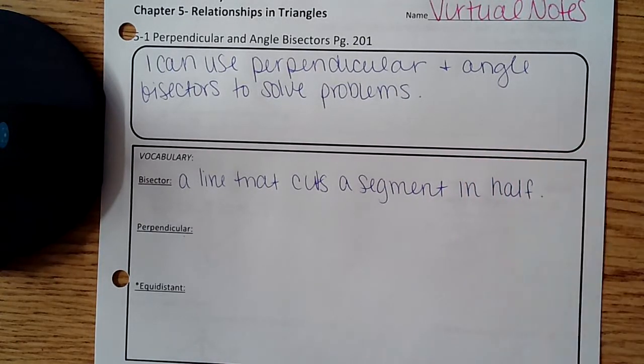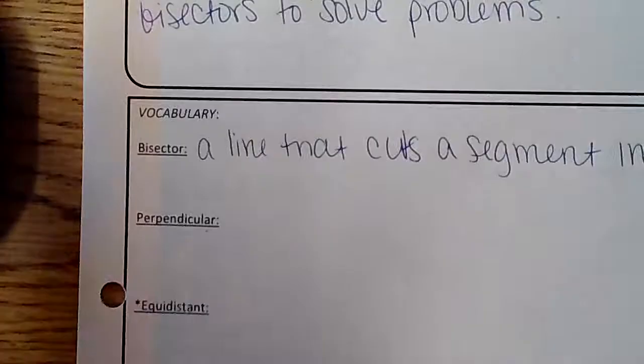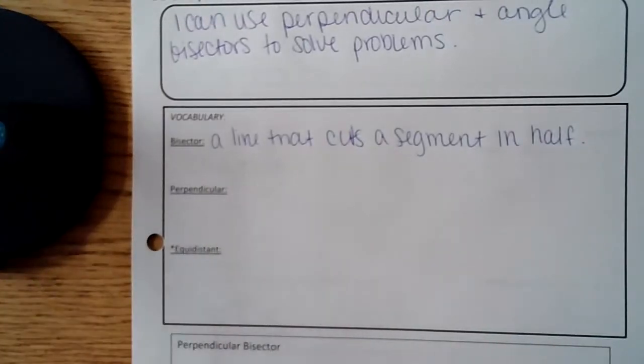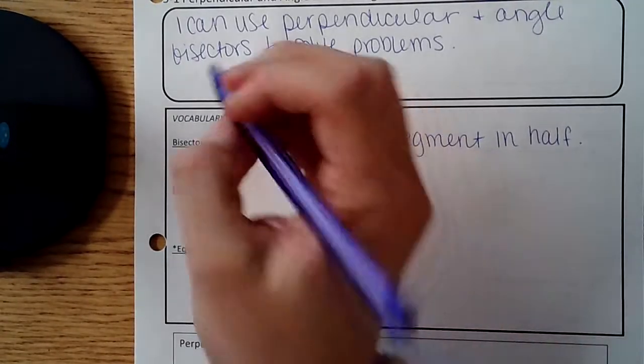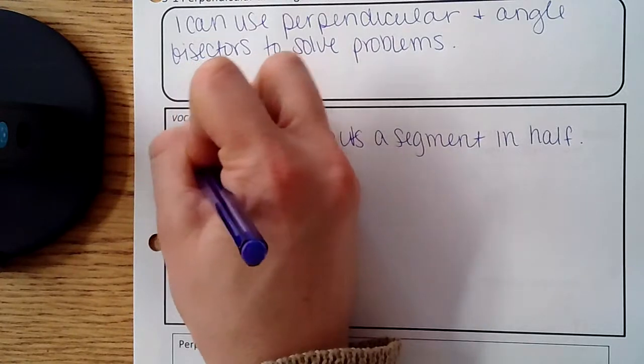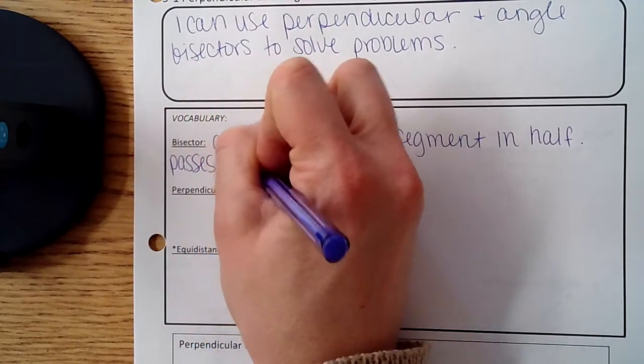So when it cuts a segment in half, in order to relate it to what we did last semester, a line that cuts a segment in half passes through the midpoint.